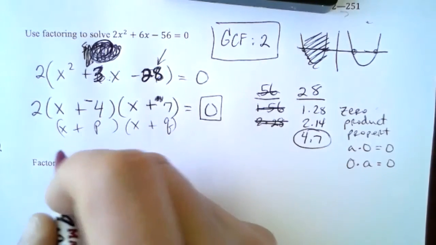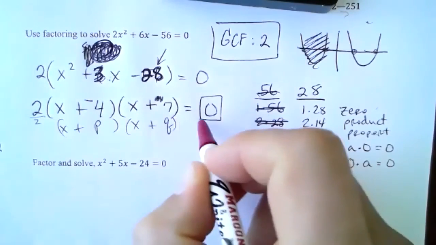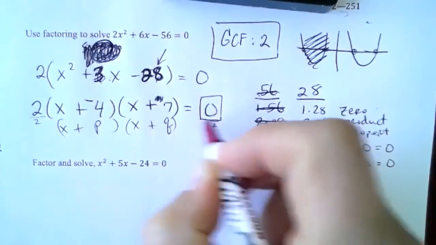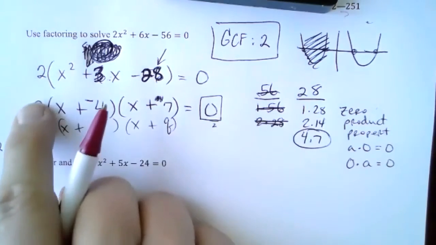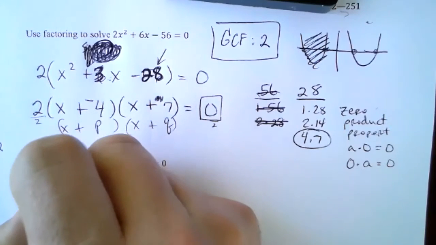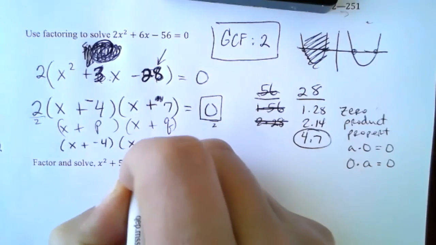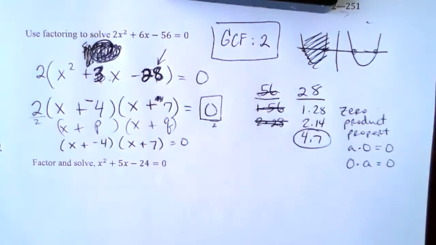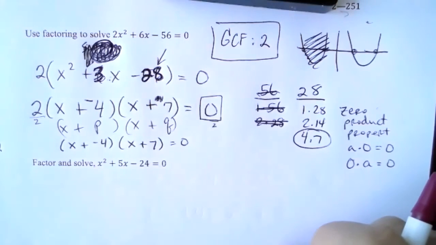If I divide 0 by 2, that stays 0, right? And this 2 divided by 2 is 1. So you really can get rid of that and rewrite this like this. So we can say this times this equals 0. Literally that 2 just kind of washes away, okay?